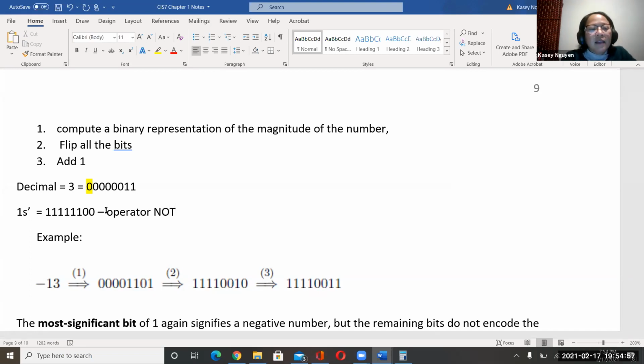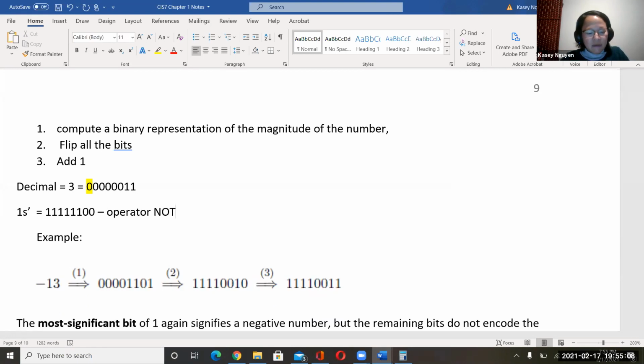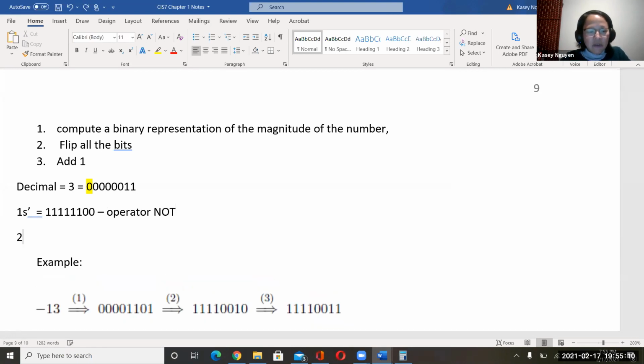Okay. Then what it's going to do after that is add a 1 to it. So for the 2's complement, sorry, it's jumping all over the place. The 2's complement, we're going to do a plus 1.